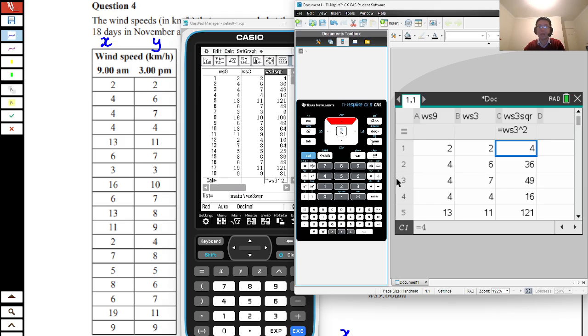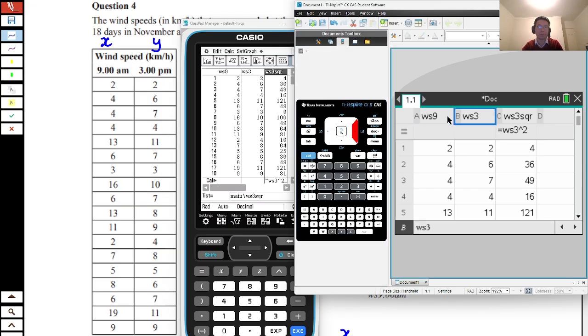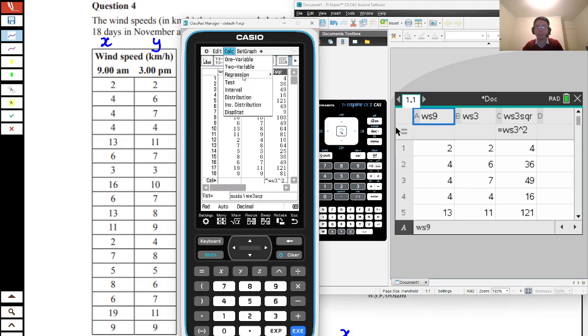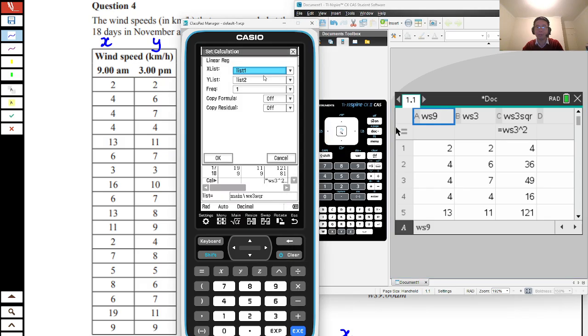All right, we now need to carry out linear regression. We need to make sure we use the right columns. We don't want to do x versus y anymore, or I should say y versus x. We now want to do y squared versus x. So back to the ClassPad. Calc, regression, linear regression, and just be very careful about what you put into the calculator.